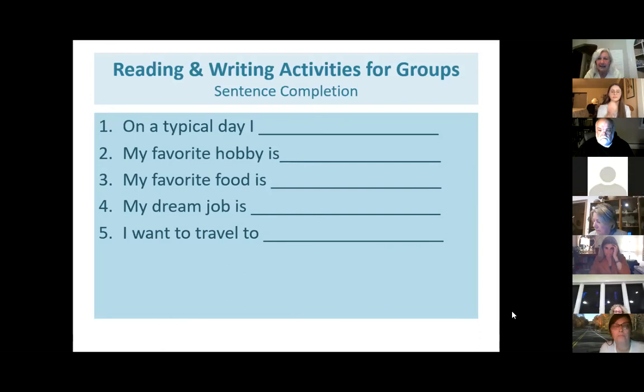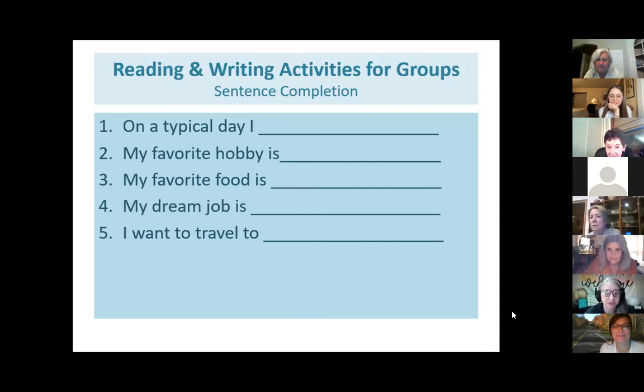My favorite food is an Italian food called arancini. Okay. Anna, number 4. My dream job is being a teacher. Nice. Kimberly, number 5. I want to travel to Ireland. Okay. And we would go around until all the students had answered most of the questions.